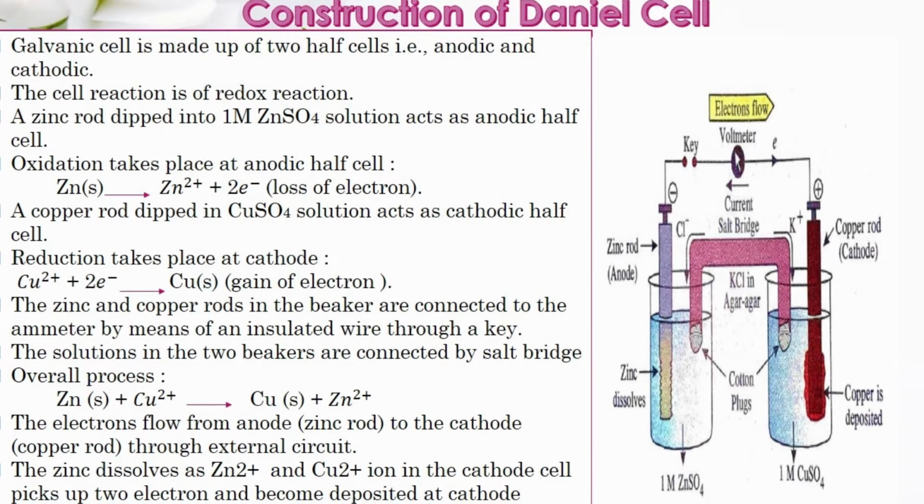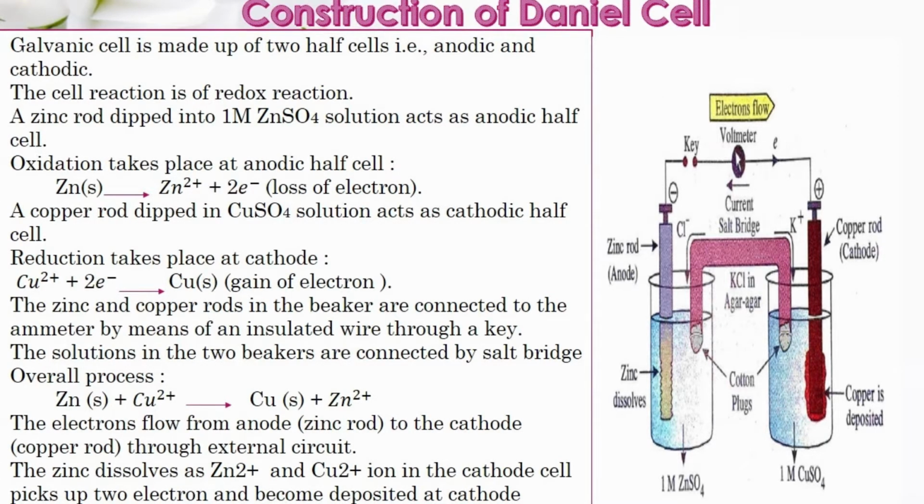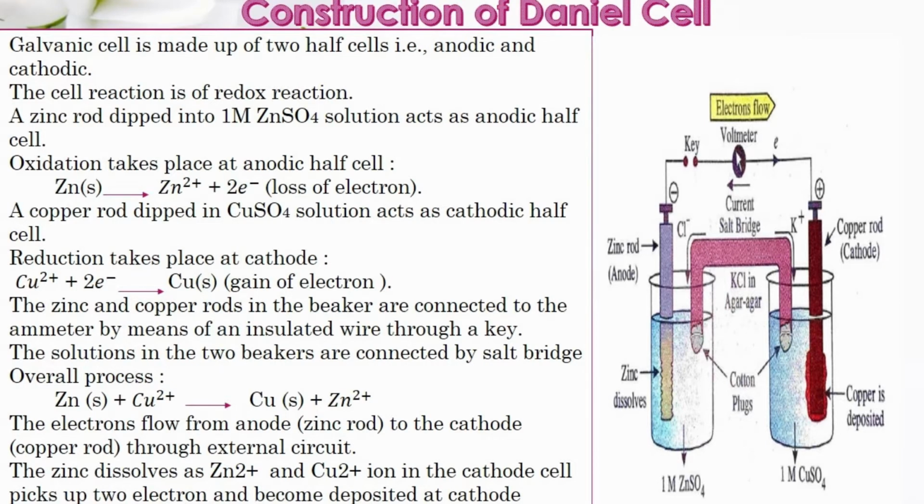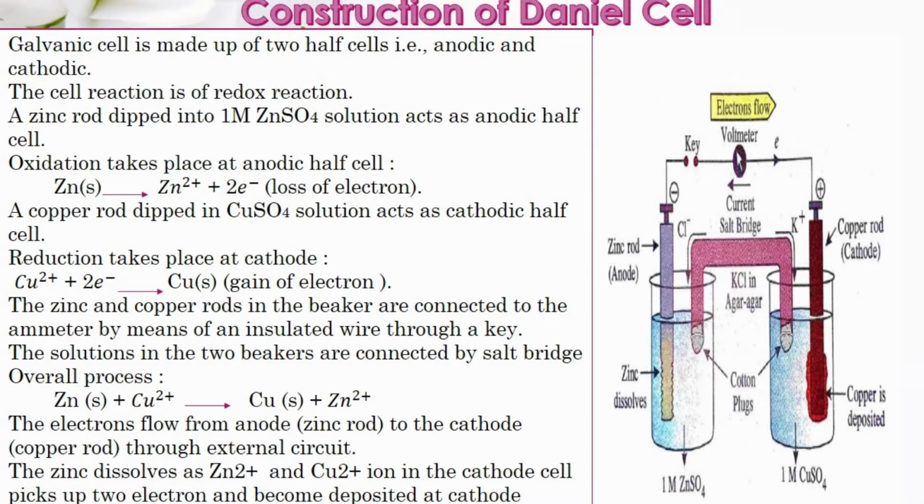The first observation is that the weight of the zinc rod decreases. This is because the zinc rod acts as the anode and it is getting oxidized to Zn2+ ions. So only the weight of the zinc rod decreases.